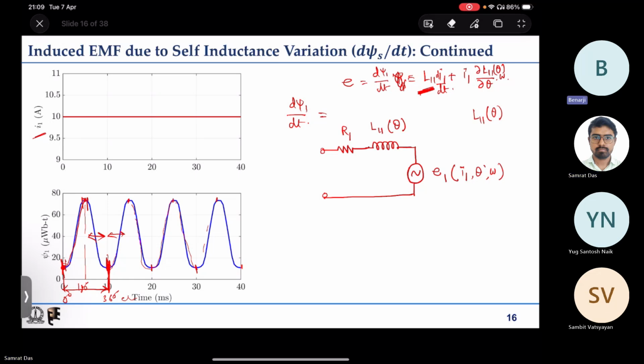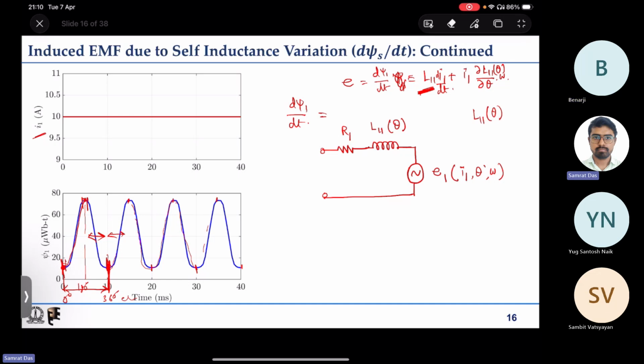Sir, you are saying L11 is a function of theta, and there is another L11. What I am thinking is I am counting the voltage across the inductor twice from the circuit you have given.